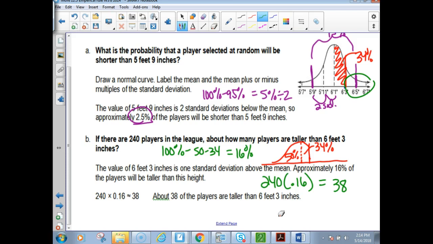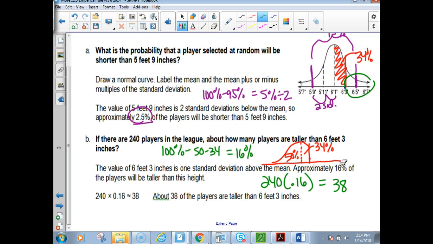The ones that I put on the empirical rule, yes, you can use those because I figured them all out with you, but it's not going to be written on your test. You're not going to have all of what I wrote on the sheet, so I want to show you how to figure it out without looking at all those percents that I wrote down for you.